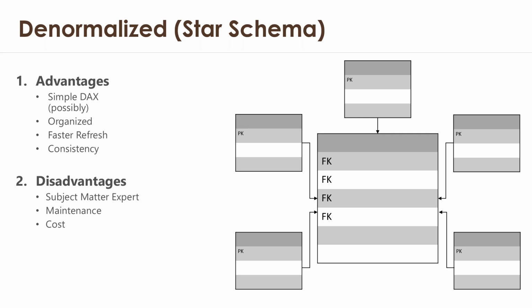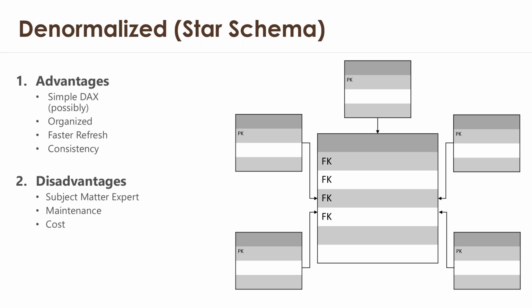All right, and now I want to move on and talk a little bit about data model types. The star schema is literally the gold star of report building in Power BI. This is important because it allows you to create simpler DAX, which is the foundation of things like measures or calculated columns.